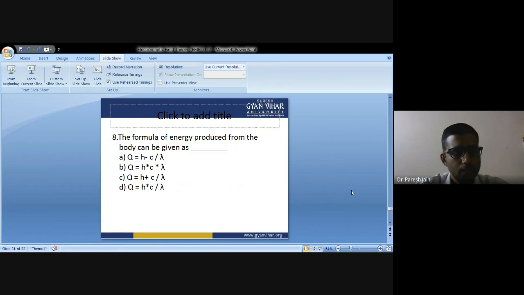And D, Q is equal to h into c upon lambda, where Q is the energy, h is Planck's constant, c is our speed of light, that is 3 into 10 to the power 8 meters per second, and lambda is the wavelength. In terms of frequency, you take 1 upon lambda as f.